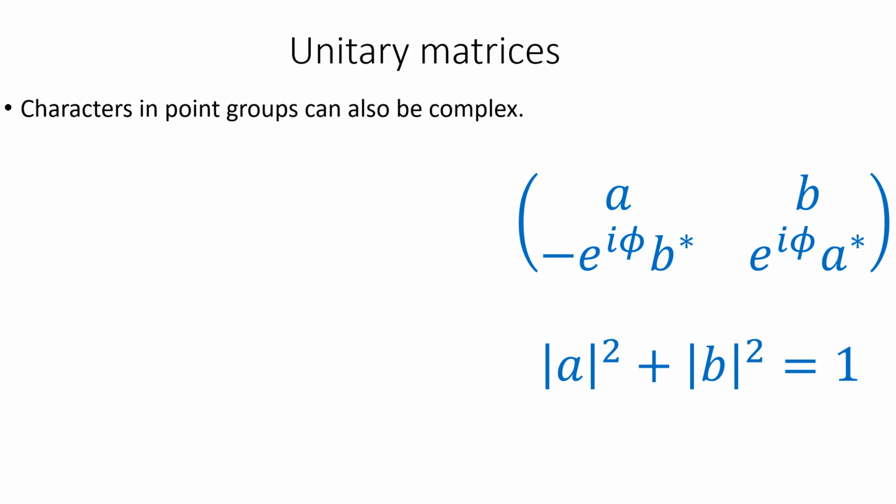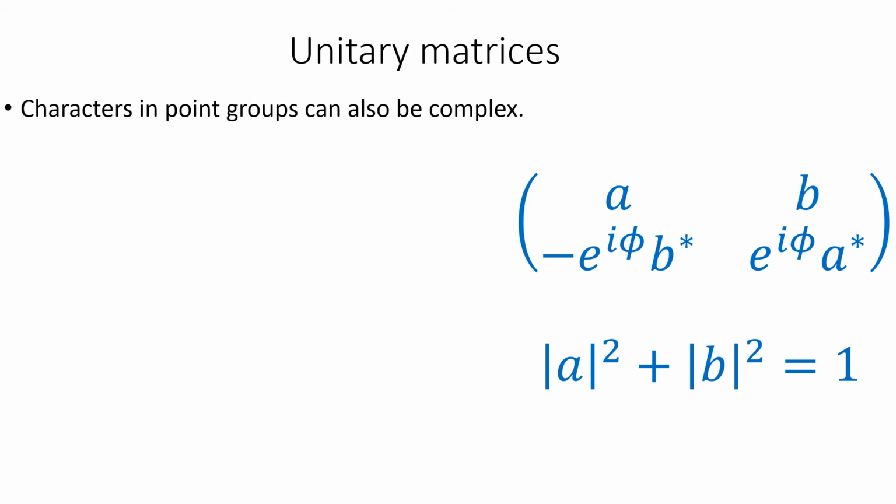So you remember with the orthogonal matrices, where we had sine and cos functions in there, ultimately, of course, those matrices had unit determinant because sine squared plus cos squared equals 1. And so we've got a similar thing here with our A's and B's, but because A and B are potentially complex, rather than just squaring them, we take the so-called square modulus, which you can see on the screen with those vertical lines.